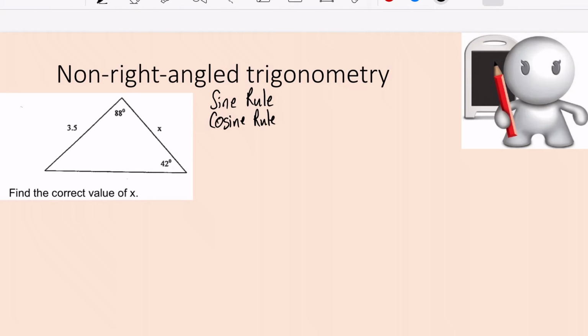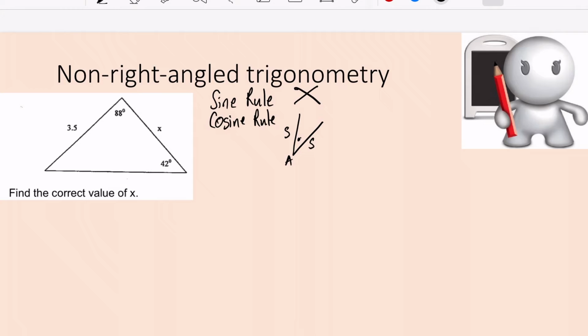Let's quickly talk about the sine and cosine rule. The sine rule basically works if you've got opposite angles and opposite sides given to you in a non-right angled triangle. The cosine rule basically works if you've got this V effect: a side, an included angle, and then another side. So it's like a V effect, where the sine rule is more like an X effect.